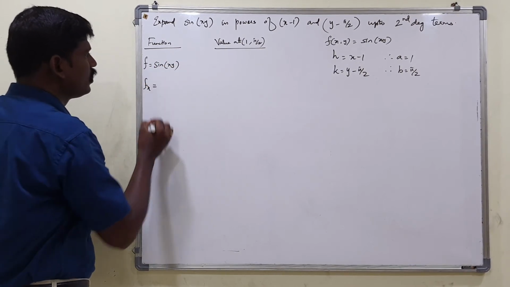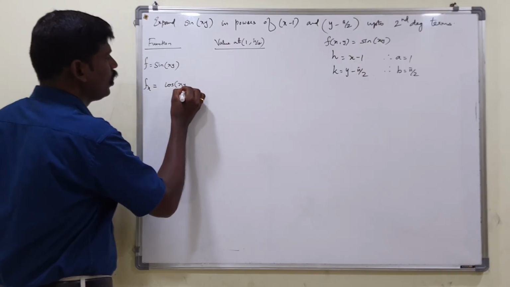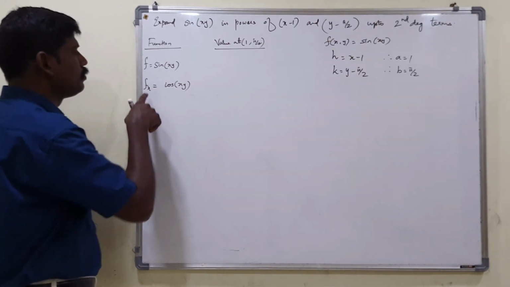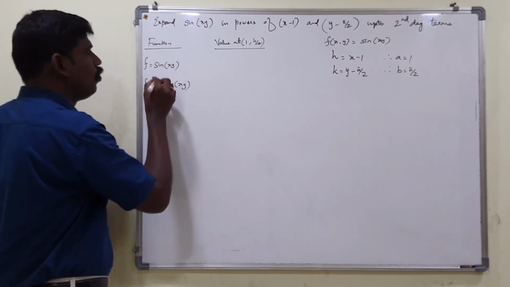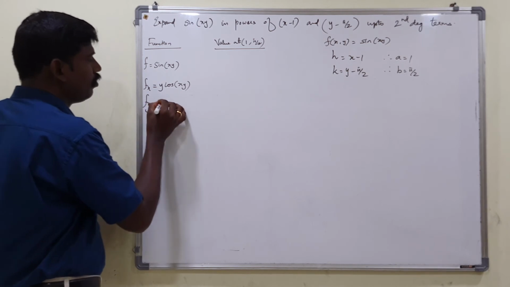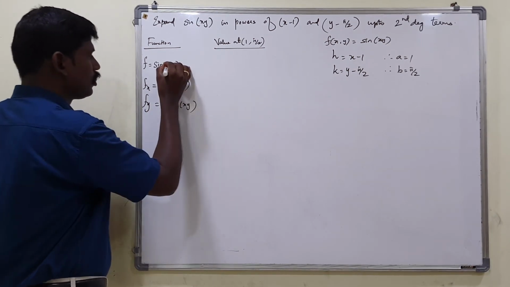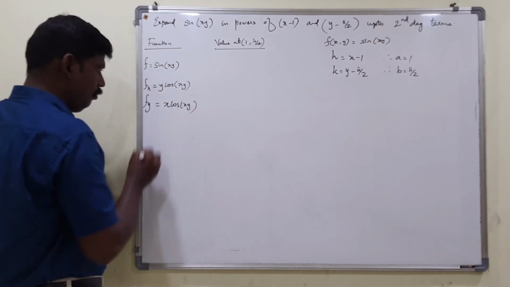Then what is fx? Sin becomes cos: cos of xy, and then the derivative of xy with respect to x becomes y. I write it in front, okay? Right? Then fy is equal to, same like that, cos xy into the derivative of xy with respect to y, which becomes x.